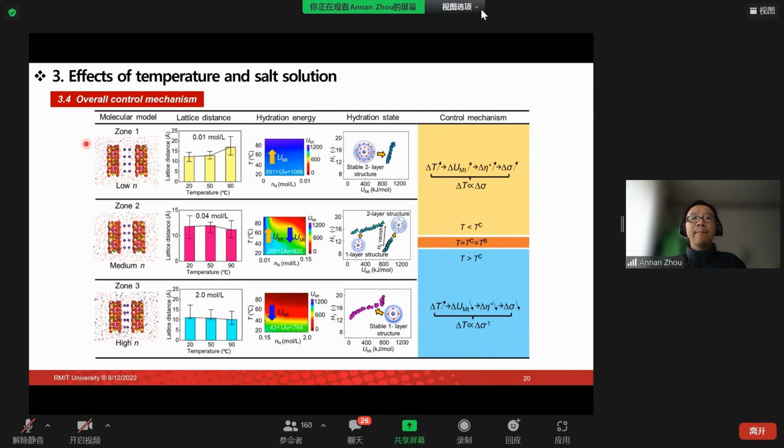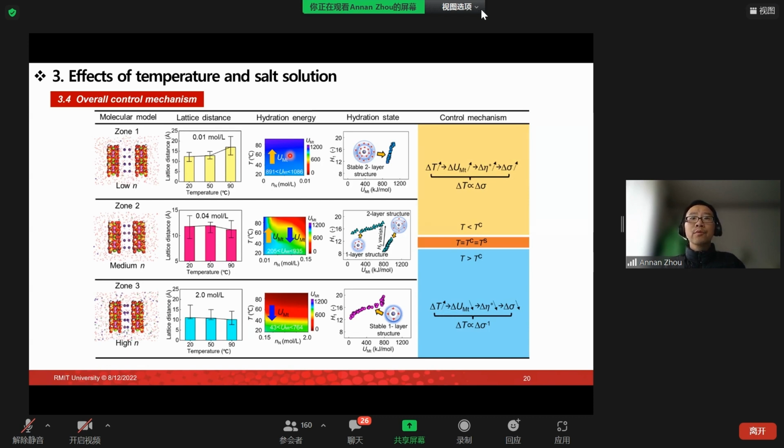In zone 1, the hydration energy of montmorillonite controls the swelling behavior. The interlayer cations show a stable 2-layer hydration structure. As the temperature increases, hydration energy increases, and therefore in zone 1, swelling pressure increases with the rise of the temperature.